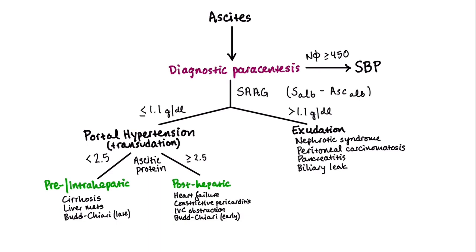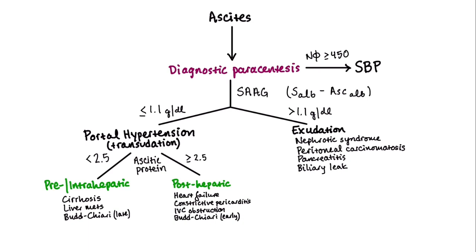But USMLE is not going to ask you what's the best step, oh, it's a CBC. They're going to ask you what's the more unique best step, if you will. So yes, you're going to get routine labs, but the most important next step is a diagnostic paracentesis.